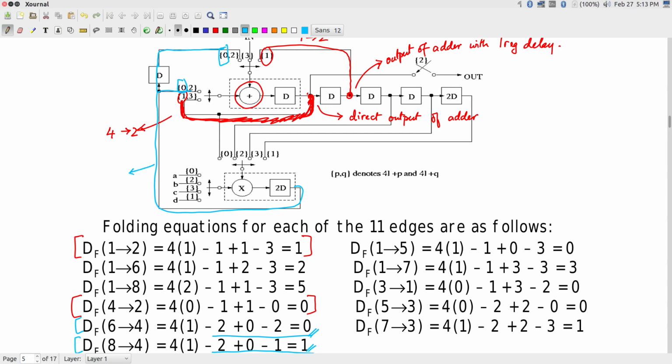Okay, so this, in other words, if I switch to this, corresponds to the edge from 6 to 4 with DF equal to 0, whereas this other one corresponds to the edge from 8 to 4 with DF equal to 1.